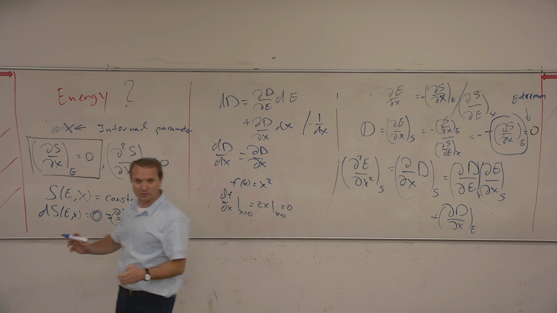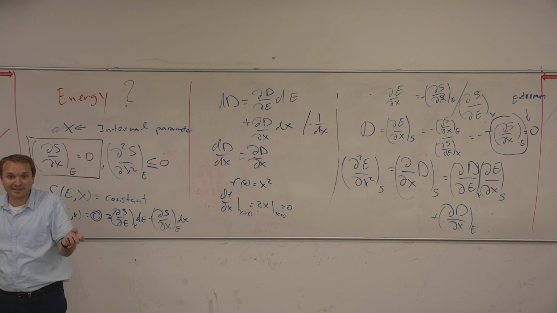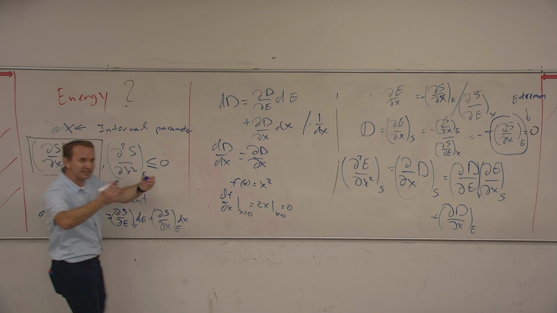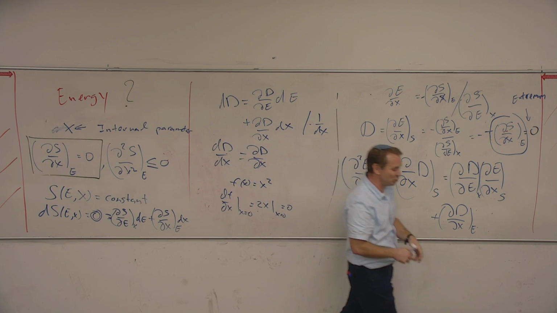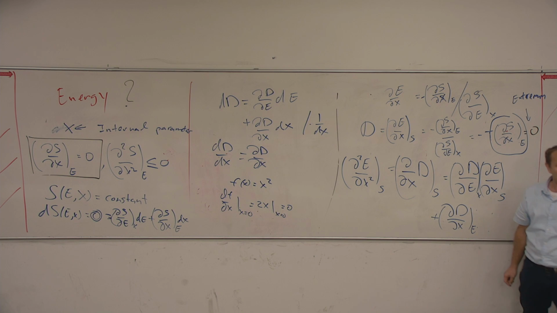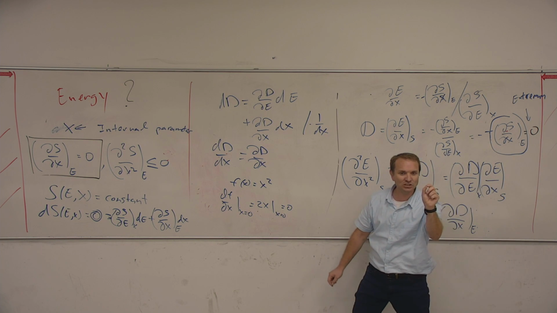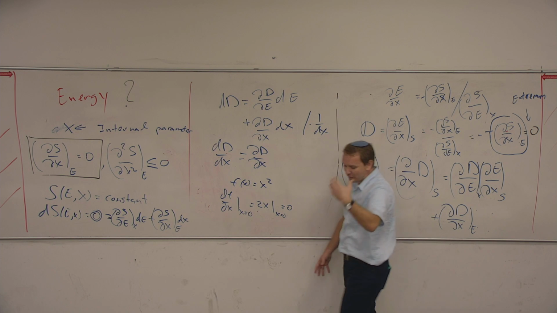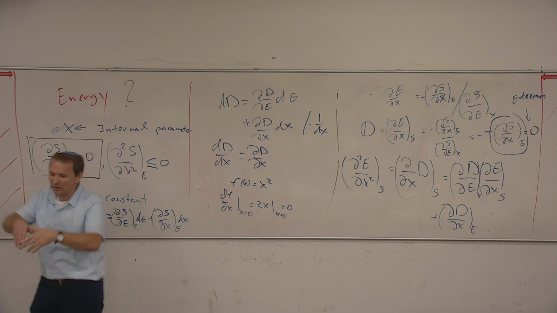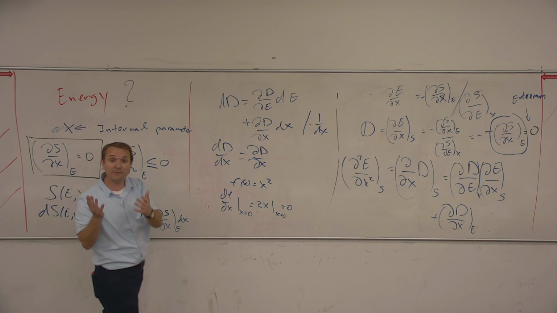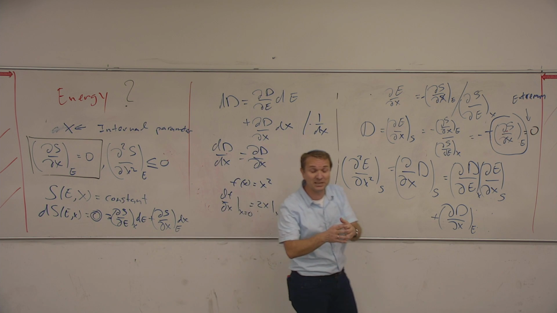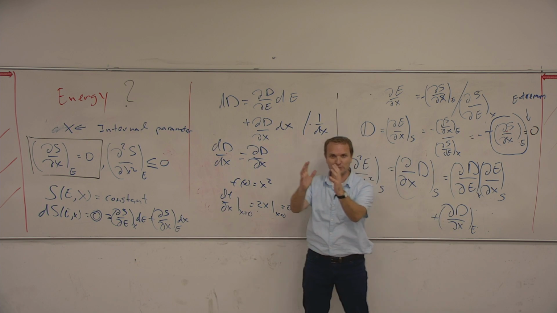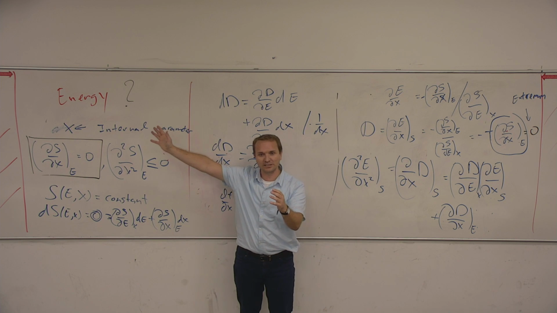So it's a value at a specific point. The thing is that if the first derivative is 0, locally it's 0. But I want to see what happens if I change it a little bit. So I can expand it in a Taylor series. Any function, if it's analytic, can be expanded in a Taylor series. In the series, the first term is 0. But what about all the rest?